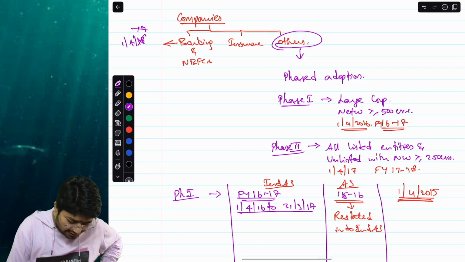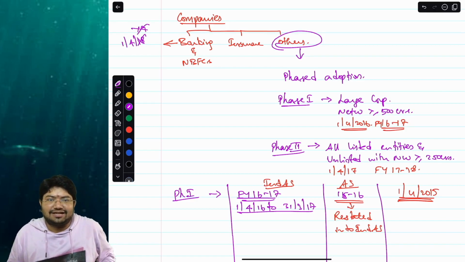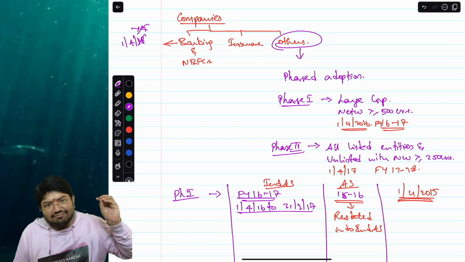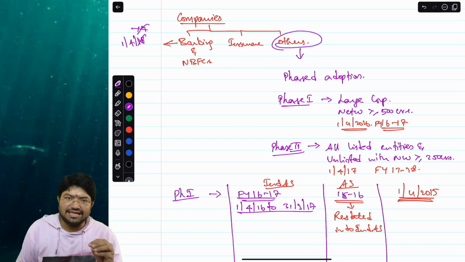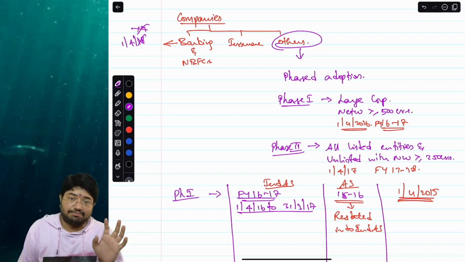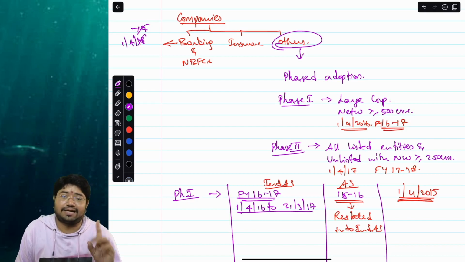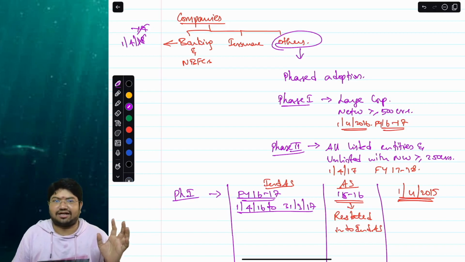Again, banks are not yet ready. Hence, RBI stated that it is deferred till further announcement. So that means today banking companies have not yet adopted Ind AS. But please note, the moment banks adopt Ind AS, at least 20 to 30 banks' performance in the stock market will crash down.